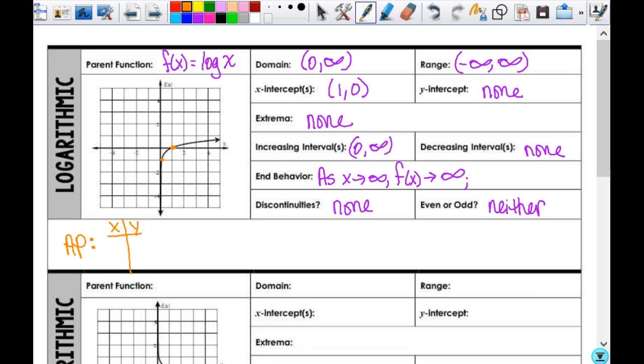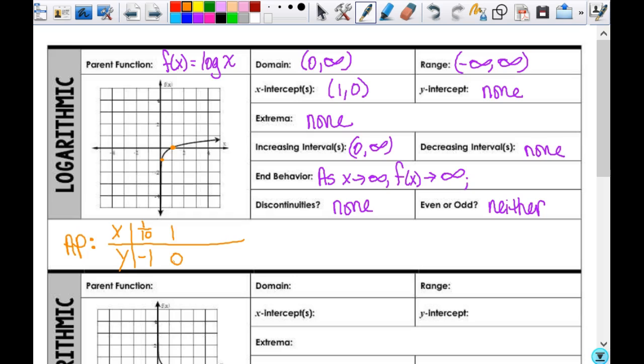Okay, so my anchor points here are this. Let me do this horizontally since it's a fraction. It'll be hard to write. Sorry, I was thinking there was only 3, but I know there's not a whole lot of space there for you. So when x is 1/10, what is y? -1. When x is 1, y is 0.